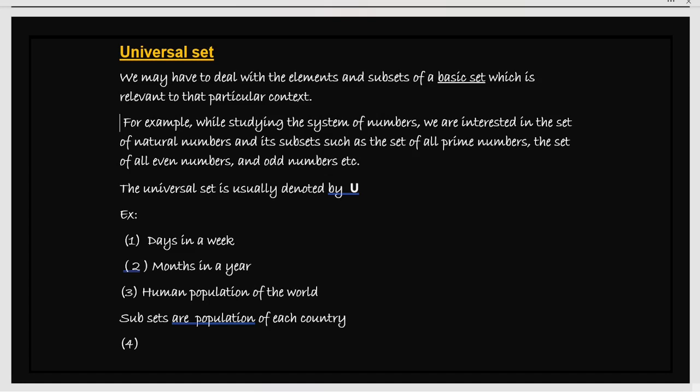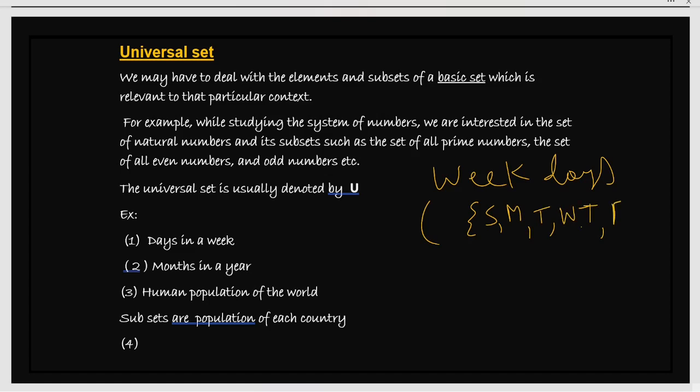For example, a straightforward, simple example is the days of the week: Sunday, Monday, Tuesday, Wednesday, Thursday, Friday, and Saturday. This is called a set, and this is the complete set.